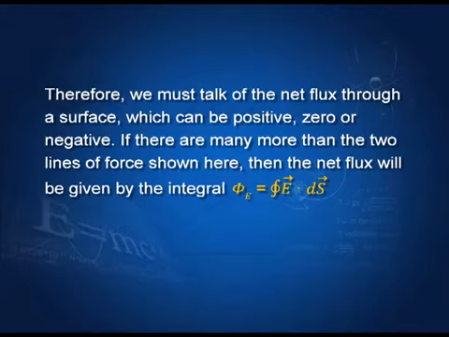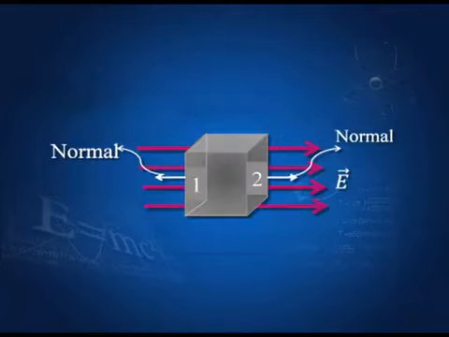If there are many more than two lines of force going through a surface, then the net flux will be given by the integral phi E equal to integral E dot dS, where the integral is carried out over the whole surface. Let us take an example.